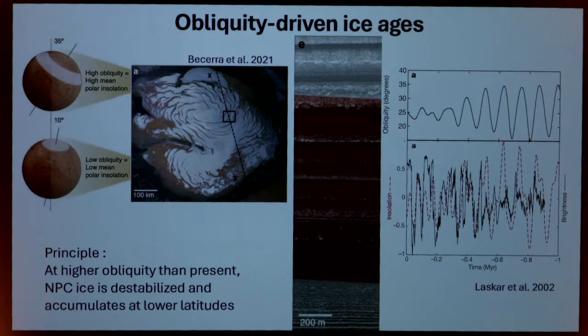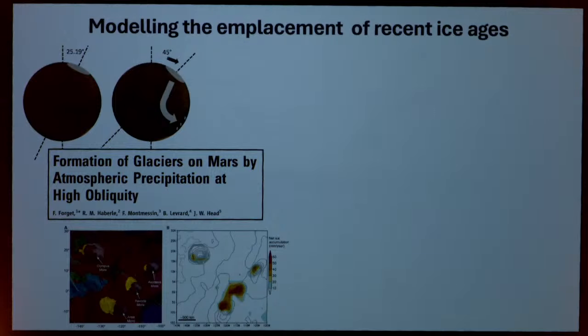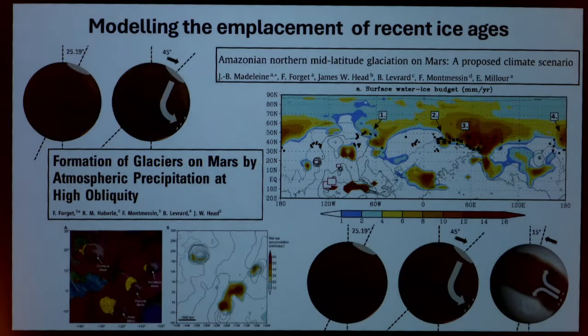Returning to the 2006 paper, tropical glaciers are formed by increasing the obliquity of present-day Mars to 45 degrees. This was the starting point of a continuous study by a former PhD student at LMD, Jean-Baptiste Madeleine, who proposed a complex scenario for the emplacement of the latitude-dependent mantle during the very recent ice ages inferred from the geology.